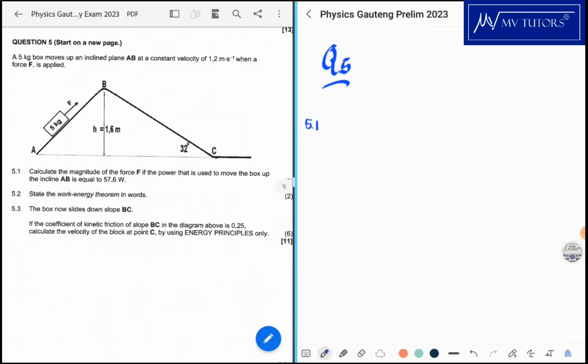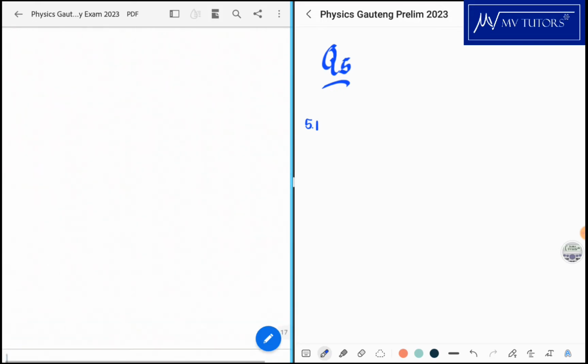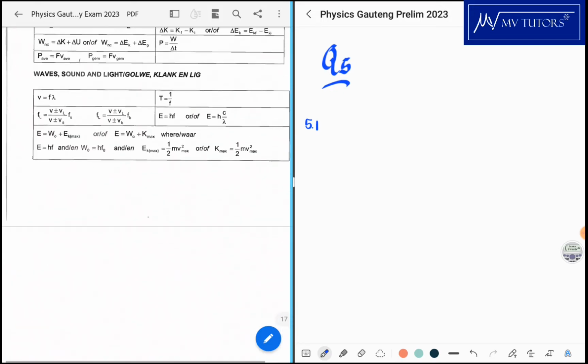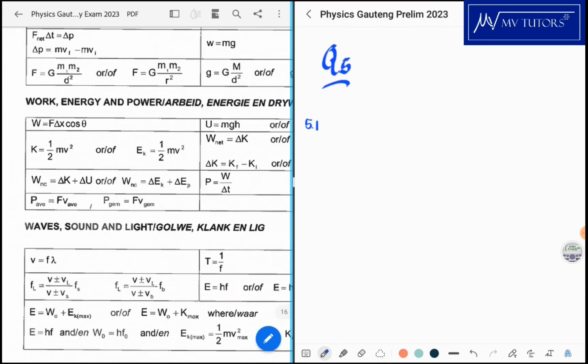Now it says, calculate the magnitude of the force if the power that is used to move the box up the incline AB is equal to 57,6 watts. All right, so there is a formula that relates power as well as force. Under the topic of work, energy, and power, we have the average power, which is equal to force times the average velocity.